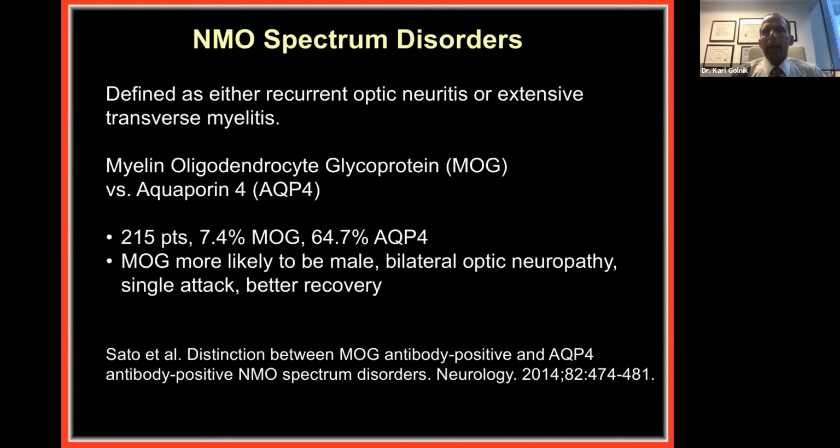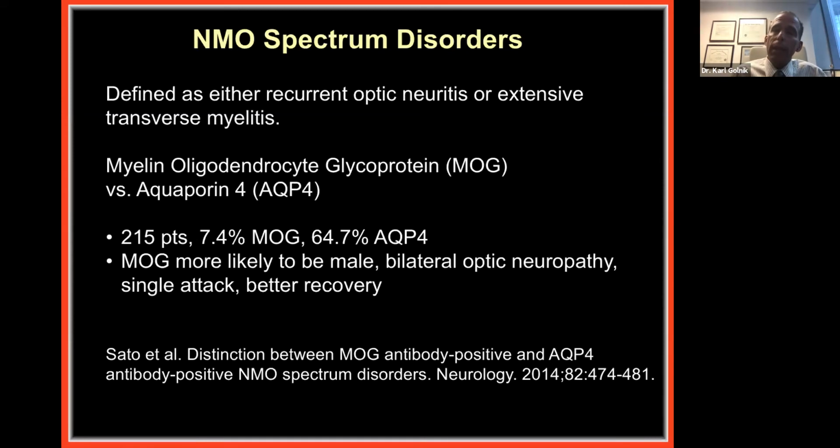And in investigation of patients with this problem, and of course other investigations, have identified a second antibody, antibodies against the myelin oligodendrocyte glycoprotein, or MOG, versus aquaporin 4, which is the NMO. So when you hear about the NMO antibody, we're talking about the aquaporin 4 antibody.